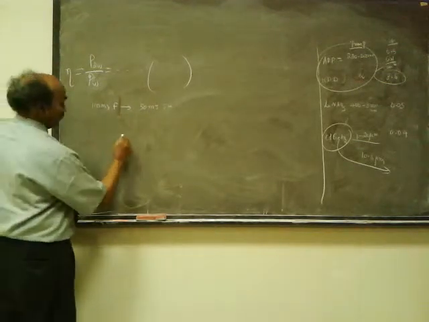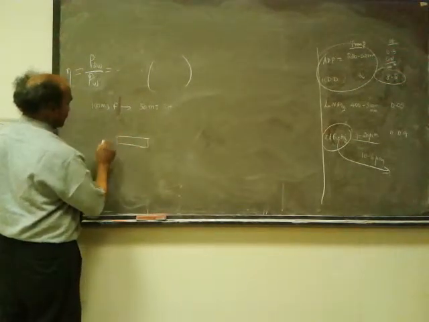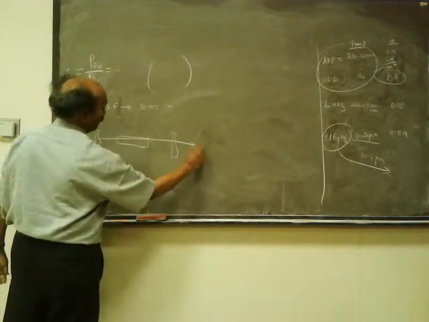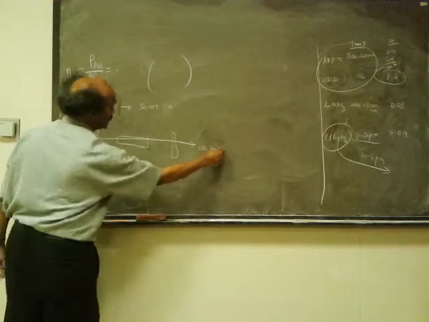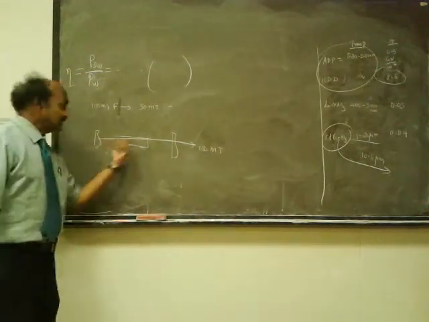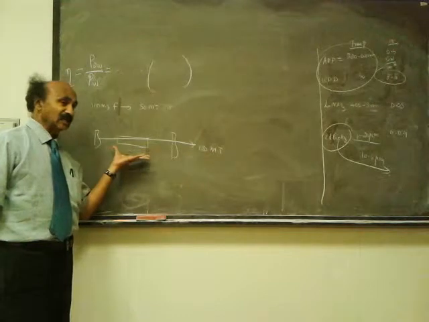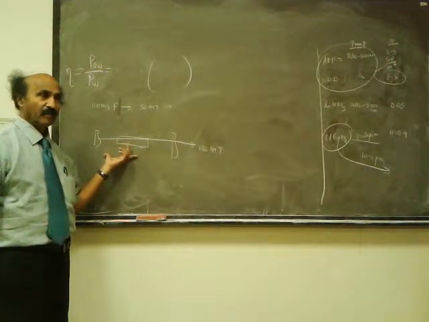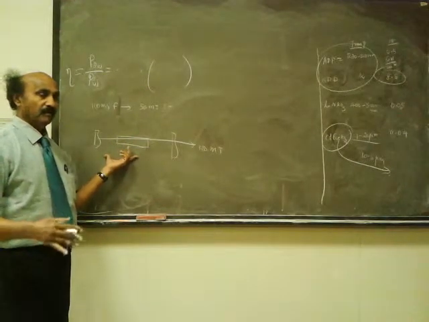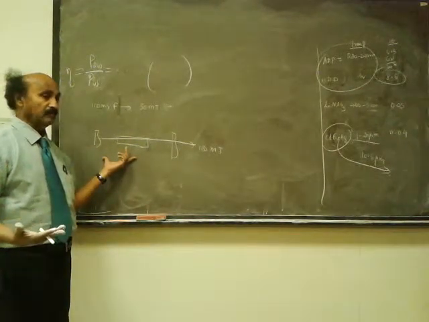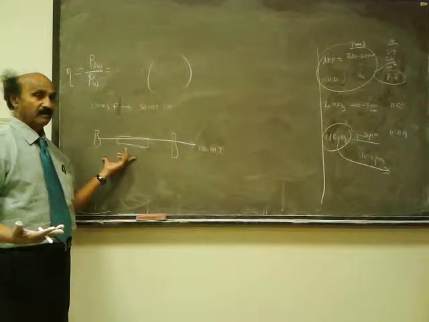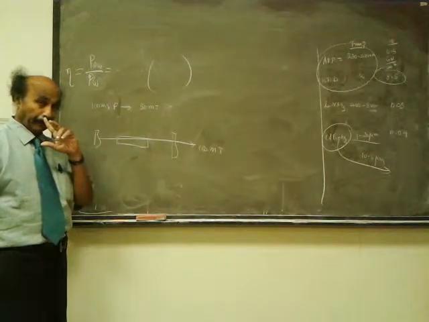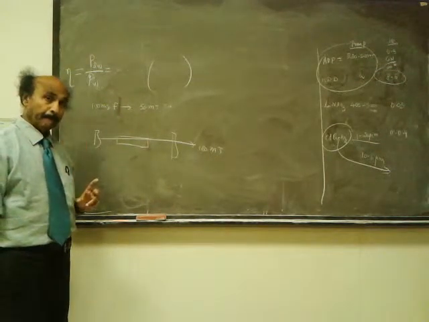Now, let us look at this one. In a YAG laser, when you say 100 millijoule is coming out, what is the energy existing inside? More than 100 millijoule. Why? Because of the amplification of the light inside the reservoir.